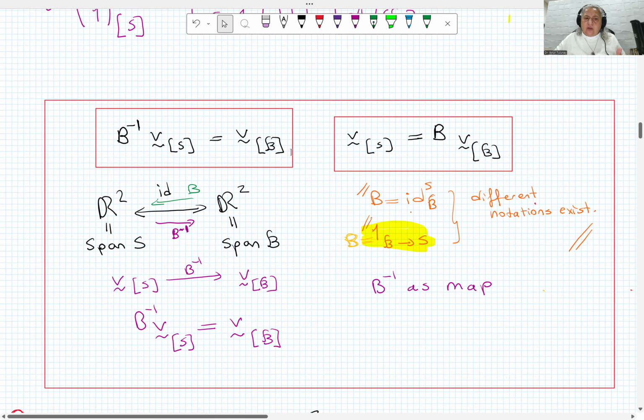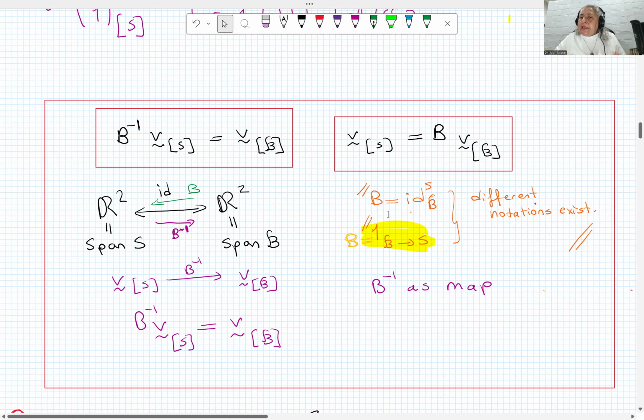From this equation, as you see, from here to here, we are moving with B inverse, thinking of it as a map. So B inverse is a map. If I apply B inverse as a map to this, I get VB. There are many different notations applied as well.